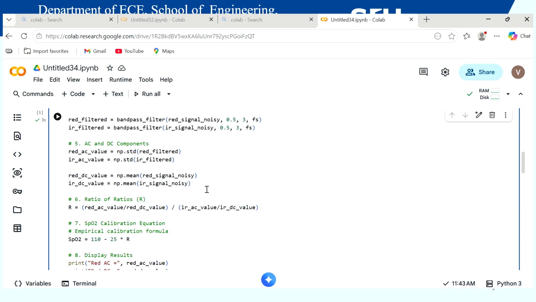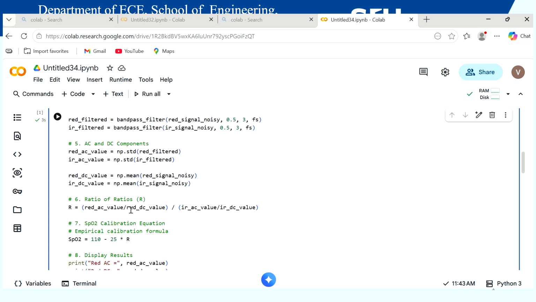Because here the DC value will not vary up and down. It is the mean value only, a straight line value. That is why we are taking the mean into account. Mean value is equal to the baseline value, almost equal to 0 only. It represents the DC part.